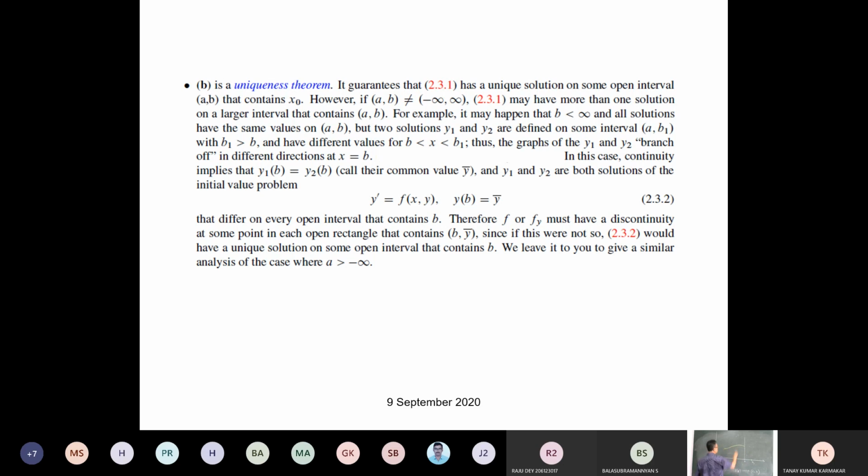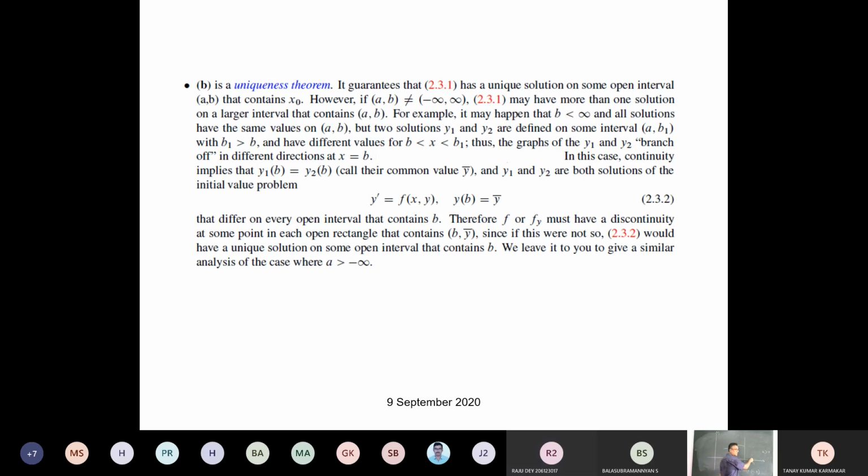If you look at my graph here, I have drawn a yellowish curve in the interval AB. Okay, and again, they don't talk about any initial condition. There may be some initial conditions. Suppose this is x naught, y naught. Now what they are saying is that suppose b1 is greater than b.